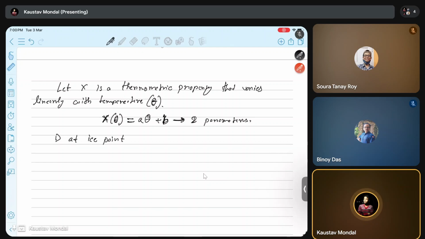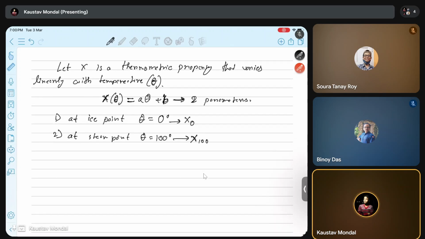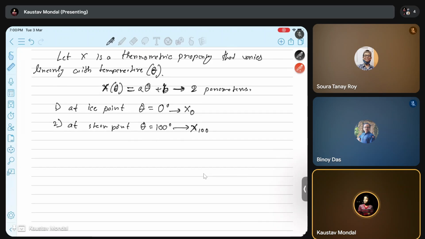where water freezes into ice. At that temperature theta is equal to 0 degrees, so you can calculate the thermometric property x0. The second is the steam point, where theta is 100 degrees, which gives us the thermometric property x100. Now we have two equations.